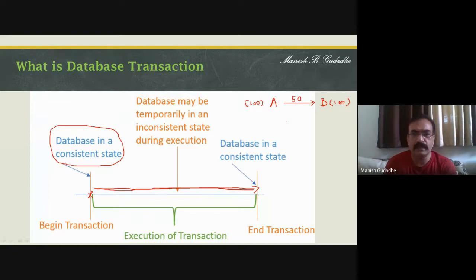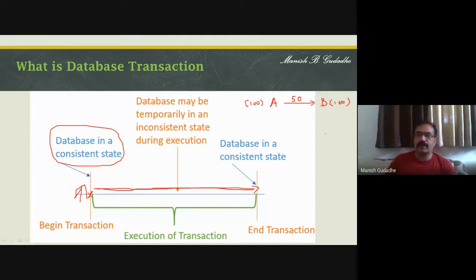This is the consistent state of a database before initiating the transaction, at the beginning of the transaction. A balance is 100, B balance is 100. Now what is expected at the end of the transaction? Rupees 50 will be transferred from A to B. So A will have a balance of rupees 50 and B will have a balance of rupees 150. Okay, this is our expected state.